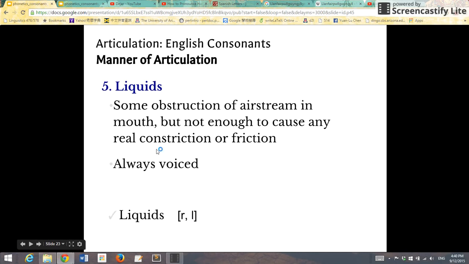Some obstruction of airstream in the mouth, but not enough to cause any real constriction or friction, and they are always voiced. We have this one, which should be an upside down R. Okay. We have the r in rail and the l in legal.